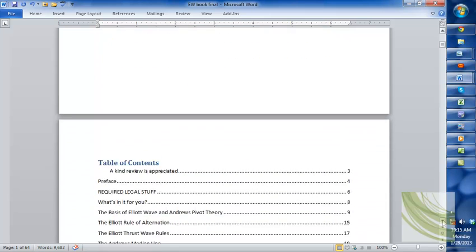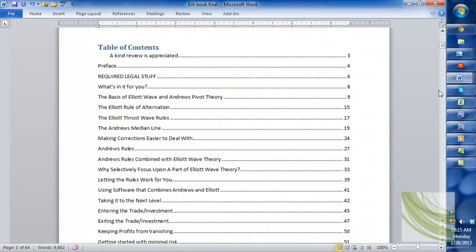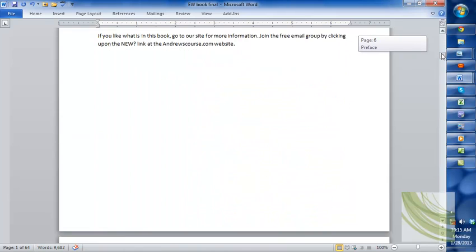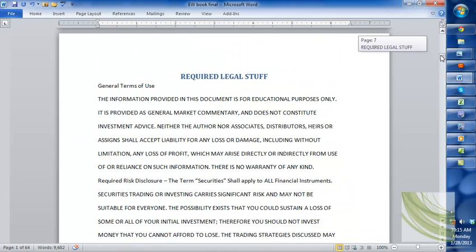Okay, first things first. Let's go over the required legal stuff, and this is important. It's important that you understand that regardless, when you have a track record or of something that happened in the past, when it comes to the stock market, if you used real money, simulated money, historical tests, whatever you used, the past and the future are never identical.